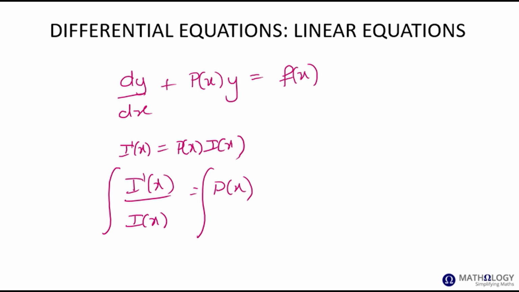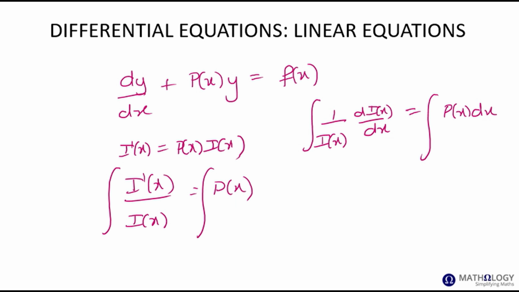This equals the integral of 1 over I of x dI/dx dx, and that equals the integral of p of x dx. When we integrate 1 over I of x with respect to x, it gives us ln of I of x, which equals the integral of p of x dx.